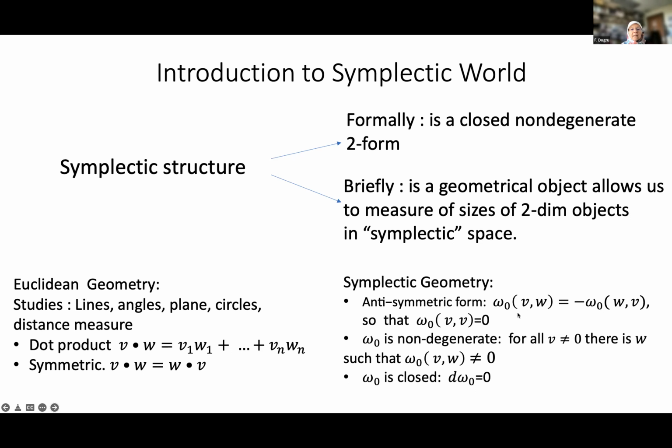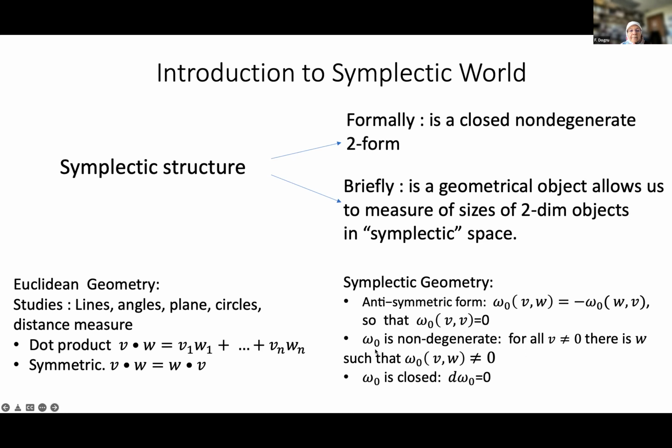This is the difference. With an anti-symmetric form, call it omega 0, the operation on a vector with itself gives us 0. Because of this, there is no analogy of length, but there is a notion of signed area in 2 dimensions. That is the brief definition of the symplectic structure.